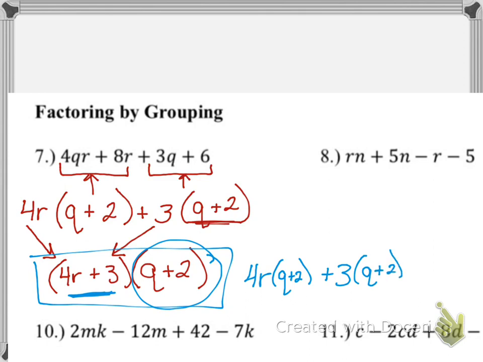So Q plus 2. Now I'm actually going to distribute the 4R. So that leaves me with 4RQ plus 8R. Now I'm going to distribute the 3. So that would leave me with 3Q plus 6. Holy cow, I literally just went backwards. If you were to look at what we have over here versus here, they're flip-flopped. So factoring is the undoing of multiplying polynomials. It's really, really cool. I think that's why I like it so much.